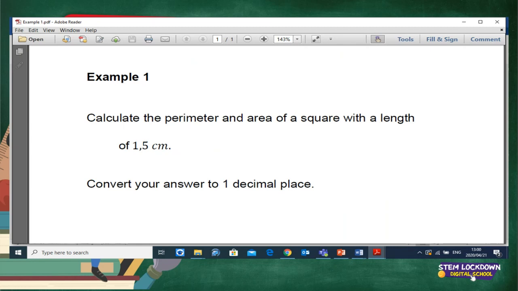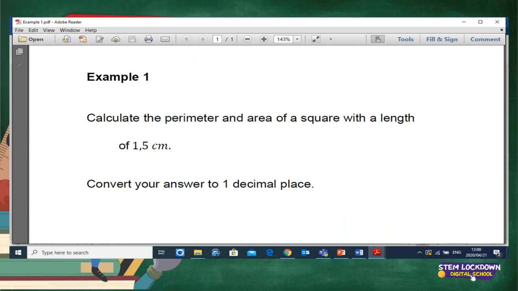And please round your answer to 1 decimal place. How are we going to proceed to calculate the perimeter as well as the area of the square with the length of 1,5 centimeters?